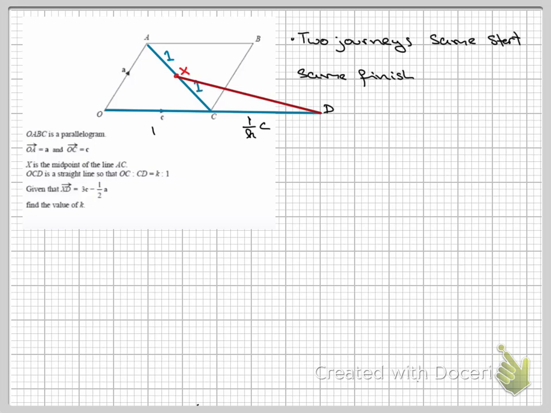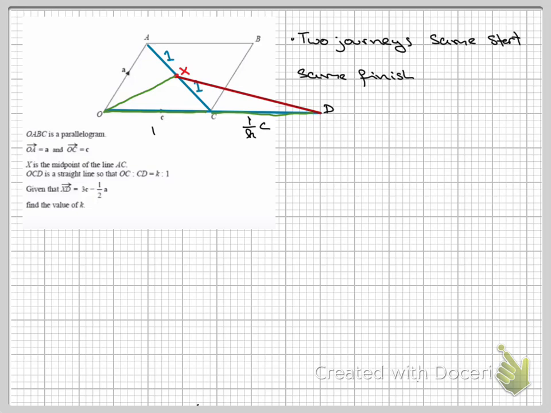I can then separate the vectors into the A and C components and compare them. My 2 routes will be as follows. I am going to go X to D, and I'll take that as one route. The other route will be X to O, O to C, and C to D. Those are my 2 journeys.